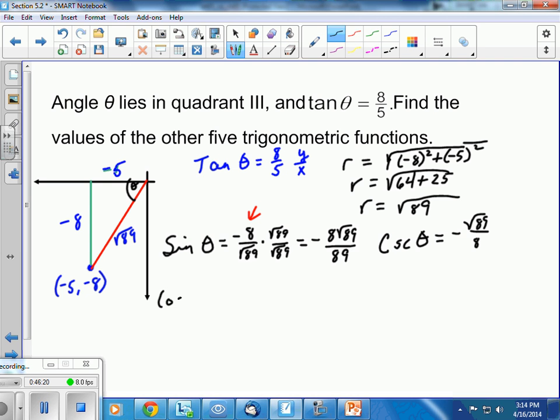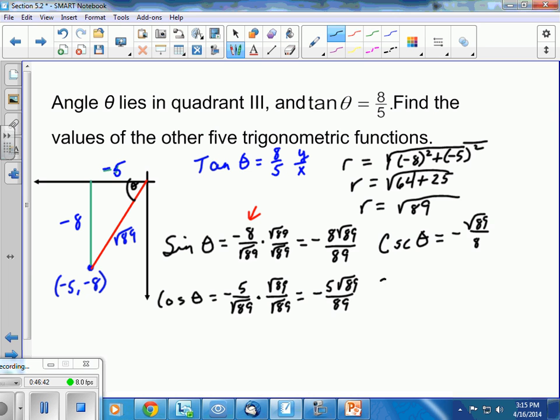Cosine of theta, again, is x over r, or adjacent over hypotenuse, which would be negative 5 over the square root of 89. Rationalizing my denominator, square root 89 over square root 89, would be negative 5 square root 89 over 89.